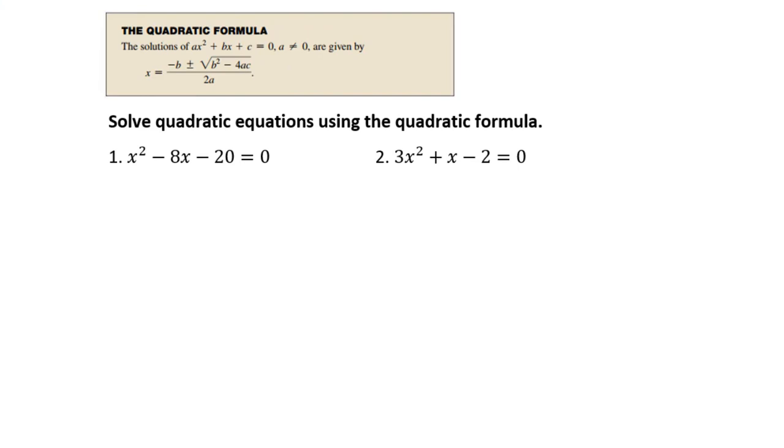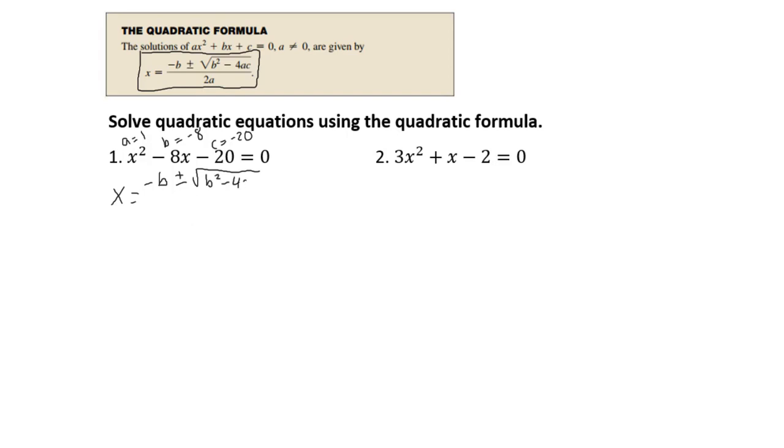Okay, so now we're going to look at the quadratic formula, which is right here. It is x equals the opposite of b plus or minus the square root of b squared minus 4ac. We do the same thing that we started with discriminants, where we identify our a, our b, and our c. Then all we have to do is plug in and simplify.